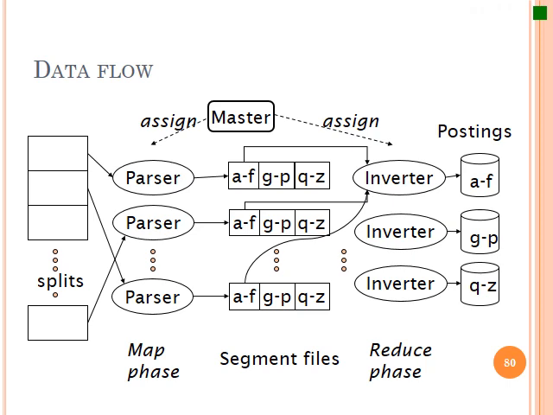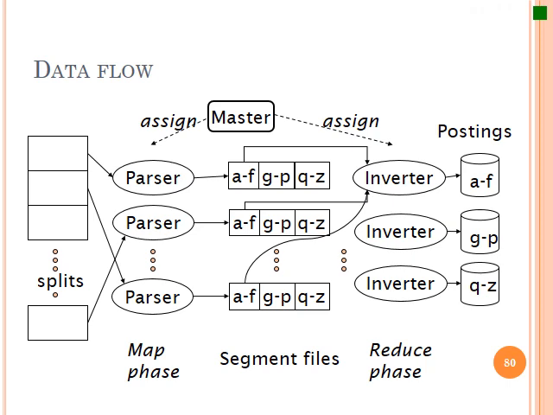Then the inverter takes the mapping from a designated partition. For example, remember just now I said K is 3. If you partition into 3 partitions, you will have 3 inverters to work on these partitions.